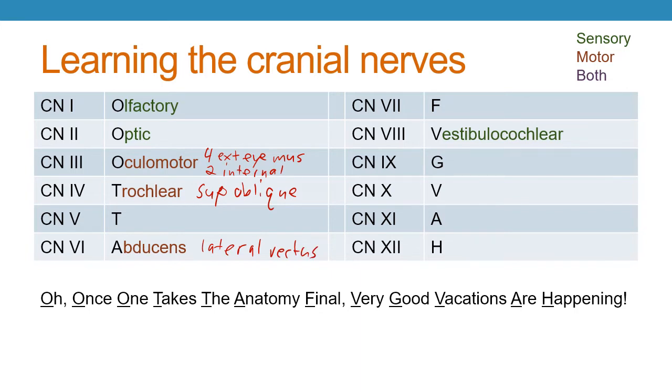The superior oblique is called trochlear because it's an odd little muscle that sticks to the inside of the orbit and communicates to the eye through a tendon that goes through a little pulley called a trochlea. The abducens is called that because the lateral rectus muscle abducts the eyeball. So if you can remember that, that can help you remember the name of the nerve.